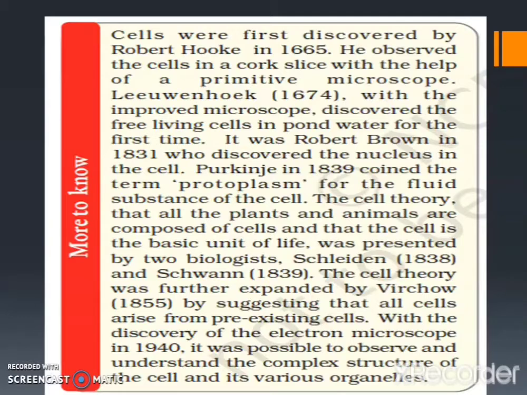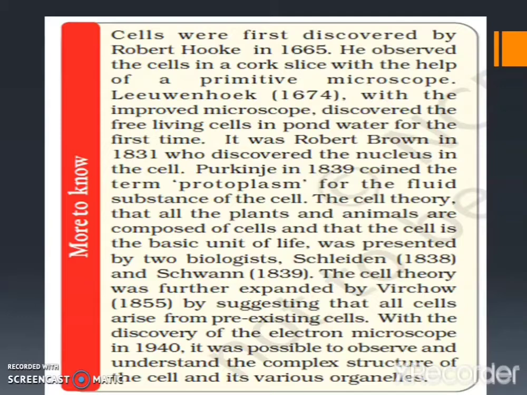They are Schleiden in the year 1838 and the other one is Schwann in the year 1839. Schleiden and Schwann. These two first presented that plant and animal bodies are composed of cells and that the cell is the basic unit of life.